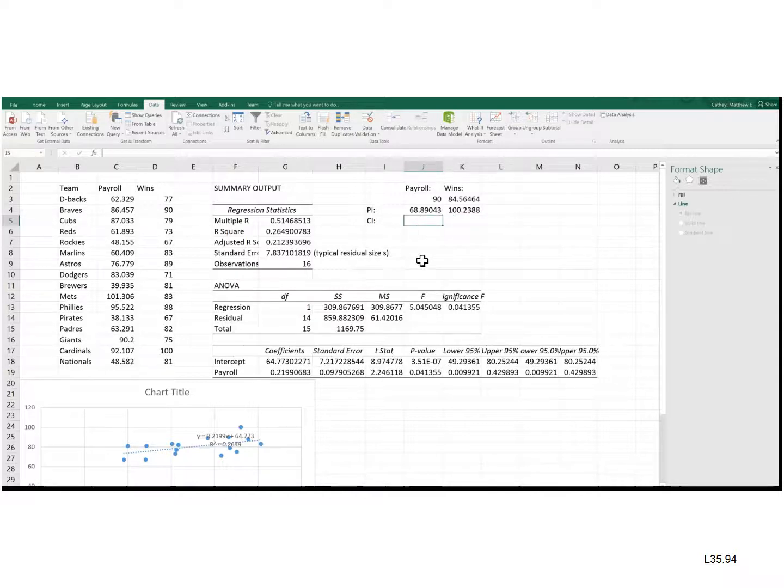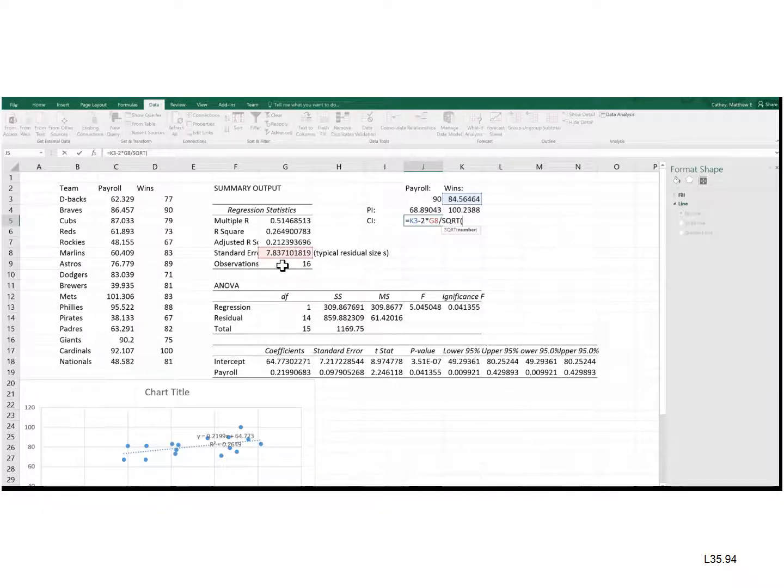Now the confidence interval for the mean is a little bit different. Instead of just adding and subtracting 2 times that standard error, we're going to start at the center of the interval, that's the predicted value, minus 2 times the standard error divided by the square root of the size of the sample.